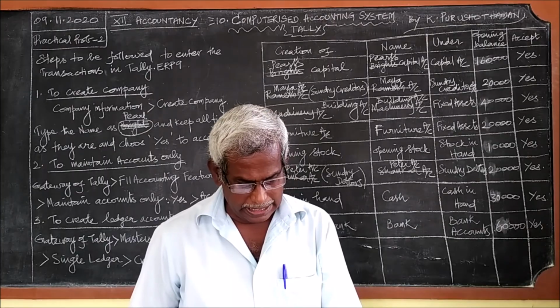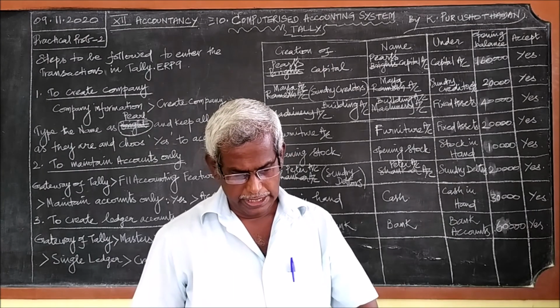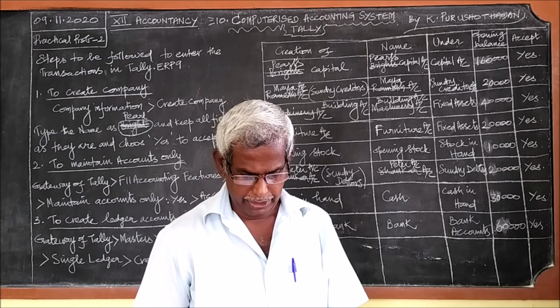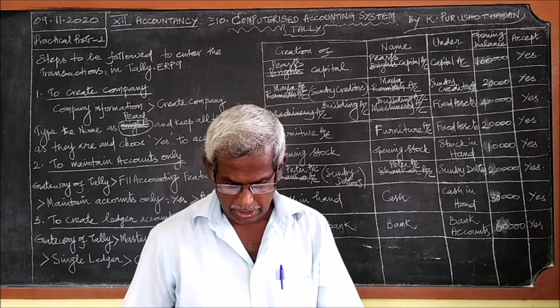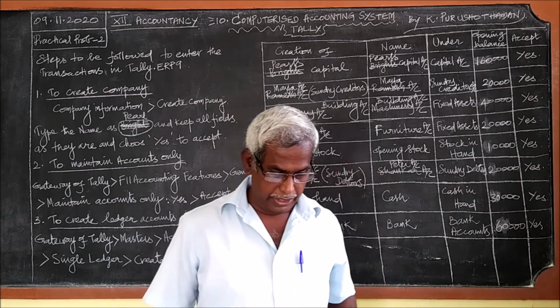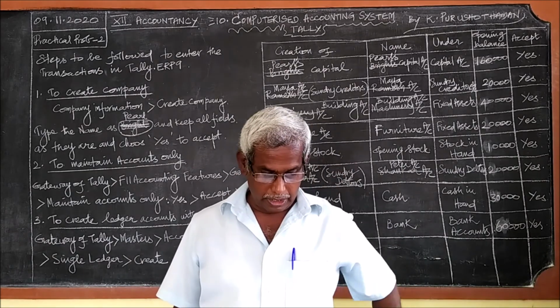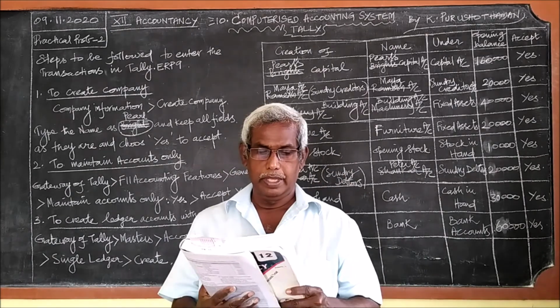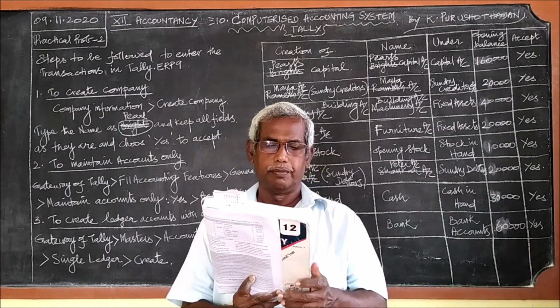Now, regarding this chapter, what may be asked, we shall have a revision for a few minutes. What are the possible questions that may be asked from this chapter? You learn the very short answers: accounting, automated accounting system and accounting reports.